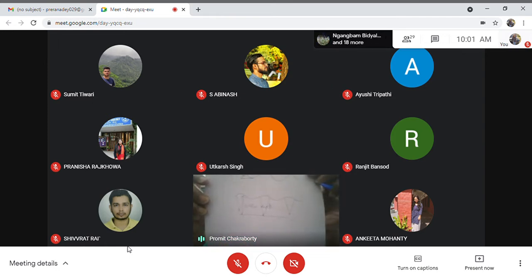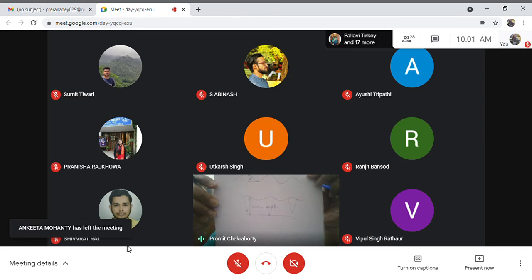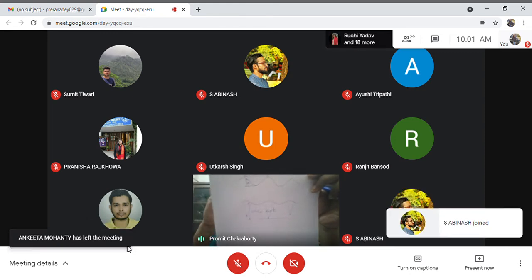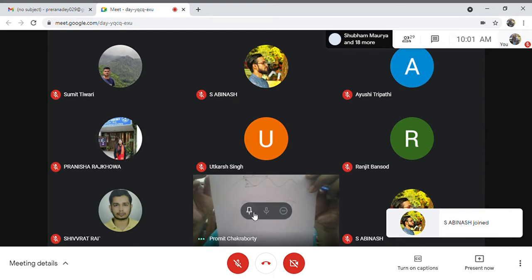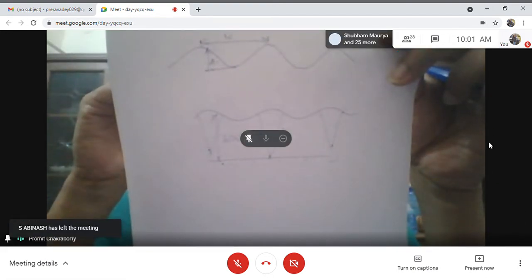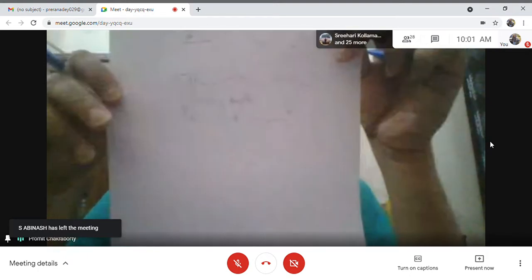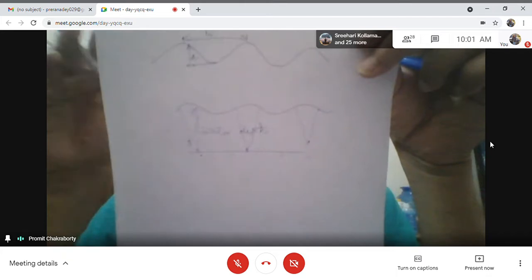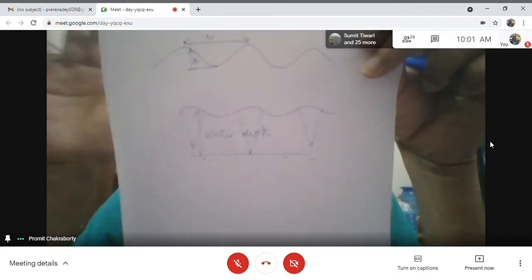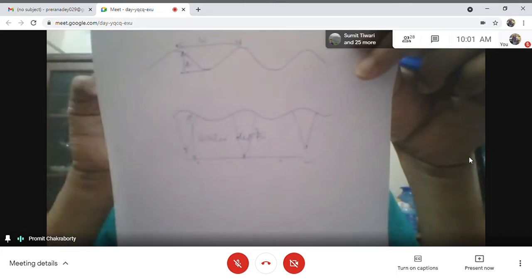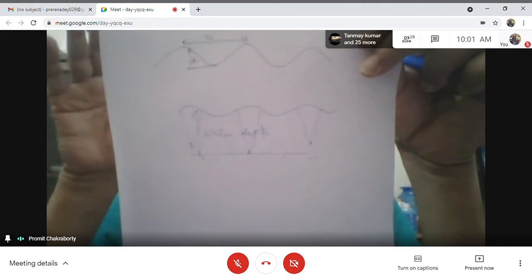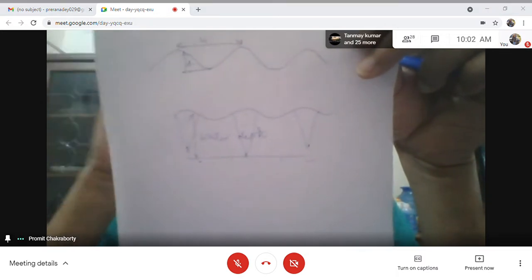I have drawn this: there is a sandy surface, and above that there is water depth, and a wave is operating on the surface of the water. So there are a series of waves. Now, how are waves created? Waves are created by the shear of wind on the surface of the water.